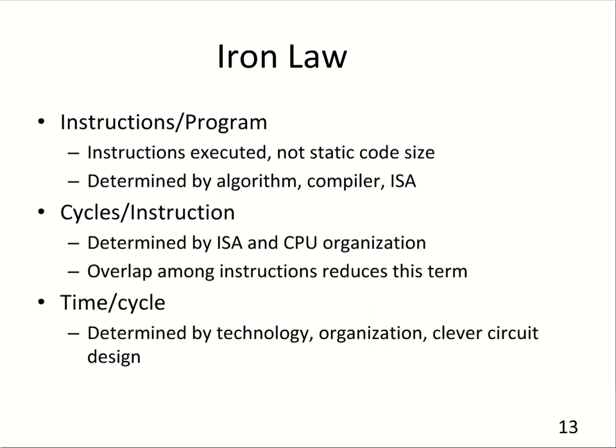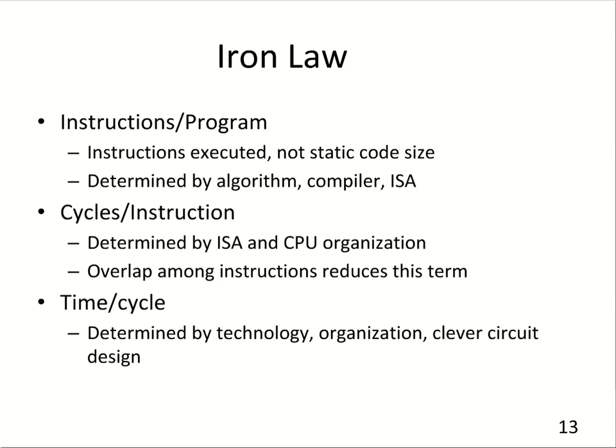Again, just to reiterate the three terms in the iron law, the instructions per program is the instructions executed, not the static code size, and it's determined by the algorithm itself, the quality of the compiler that generates code from your high-level algorithmic description to the actual machine-level instructions, as well as the instruction set details themselves. The second term, cycles per instruction, is again largely affected by the ISA and the organization of the CPU, and it really is about describing the overlap that exists among instructions.